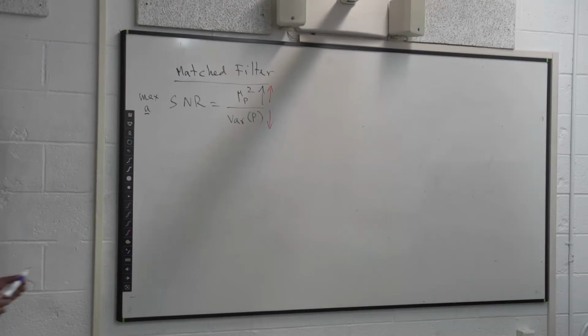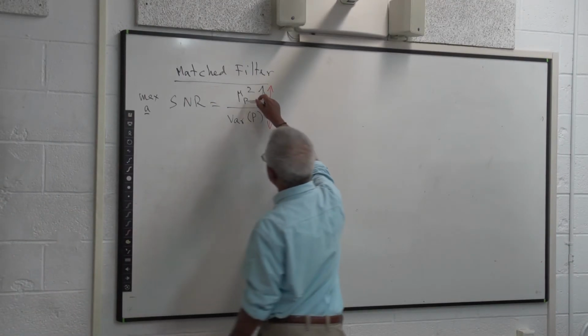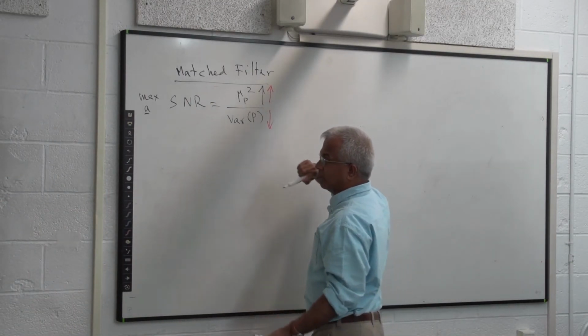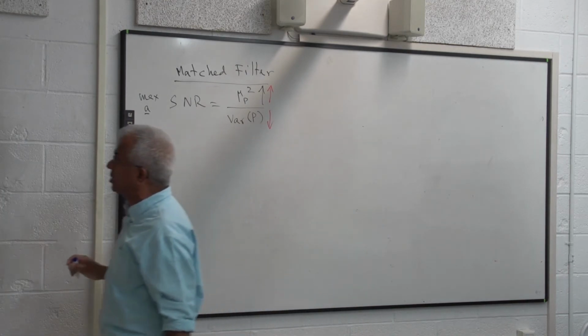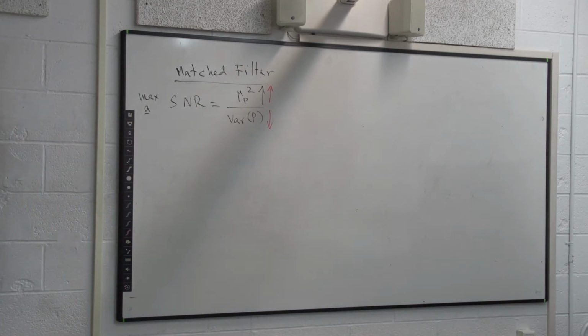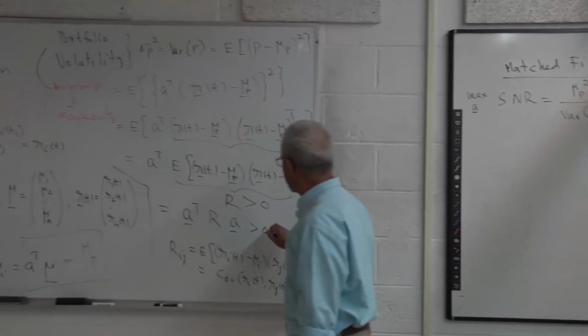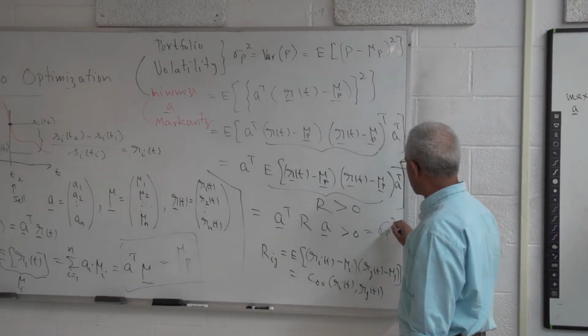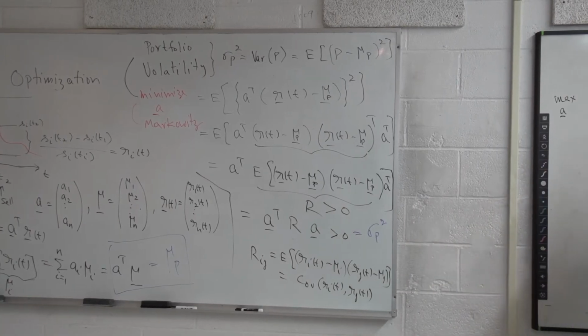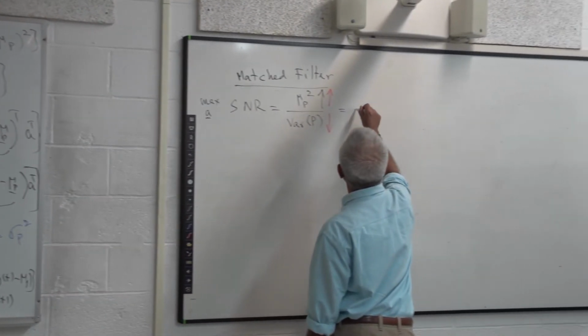maximize the ratio. So if I substitute for mu p, notice that I put mu p squared, because we already have an expression for both. So this is our mu p, and this quantity is our variance.